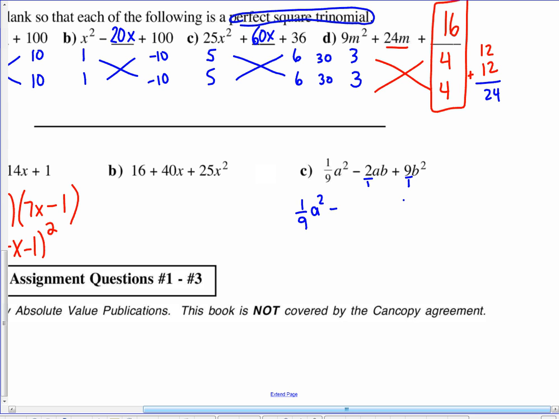So then I have 1 over 9 a squared minus, what would that fraction be? 2 over 1, if I want it over 9, 18 over 9 is the same thing as 2 over 1. Plus, now I want this over 9 instead of 1. 81 over 9 is the same thing as 9. Okay. Now I can factor out the 1/9.